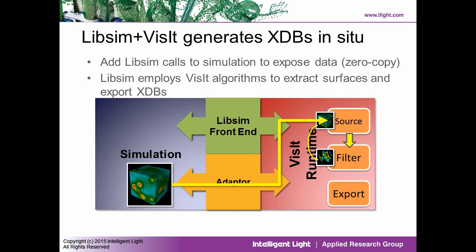Finally, at the end, we've gone from the source to the different filters to the export, and in this case, we're writing out to XDBs. So we get the geometry that we need, we write it out to XDB, and then FieldView can post-process that.